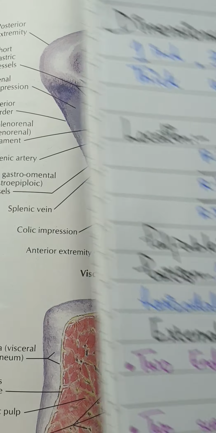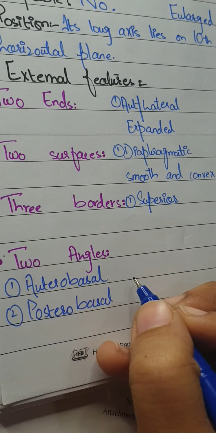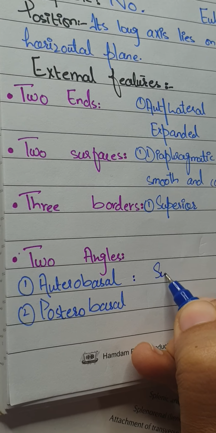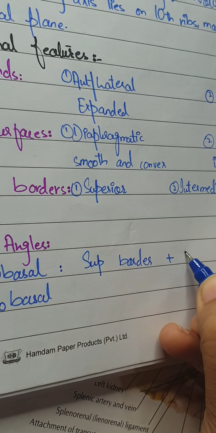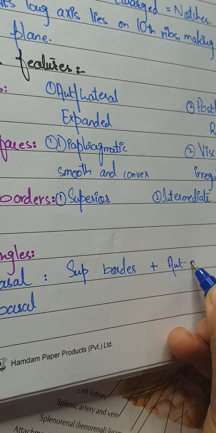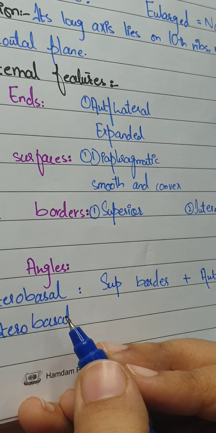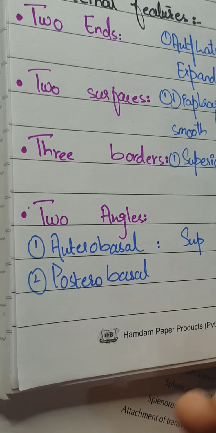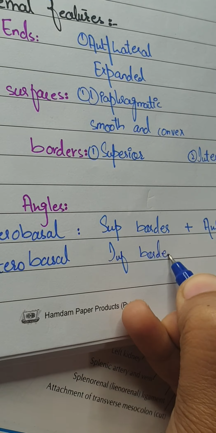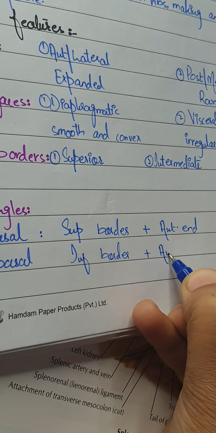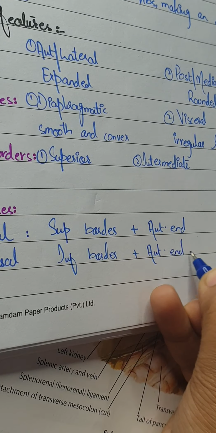So the junction of superior border and anterior end is called the anterobasal angle, whereas the posterior basal angle is the junction of inferior border and anterior end of spleen.